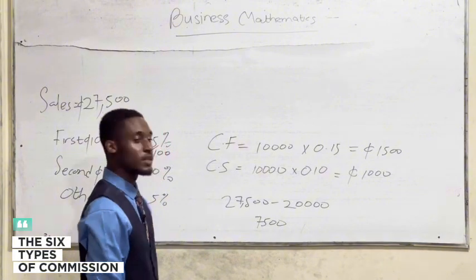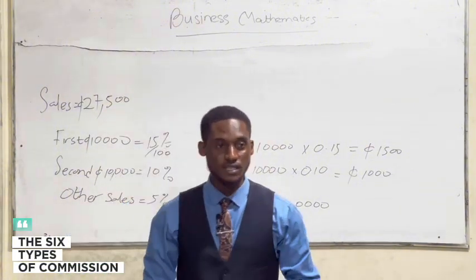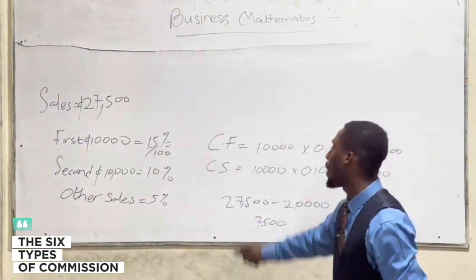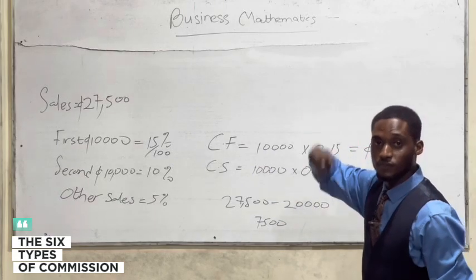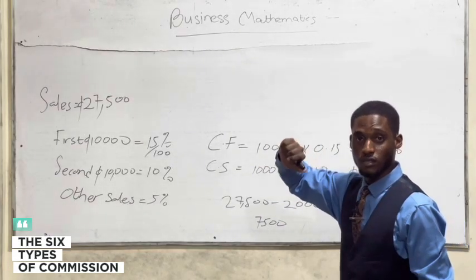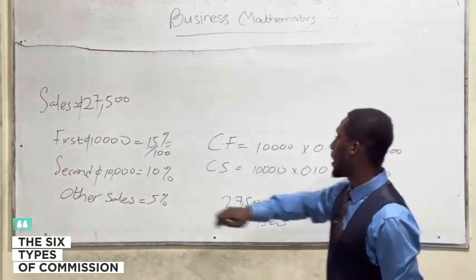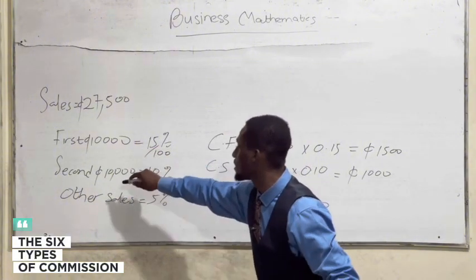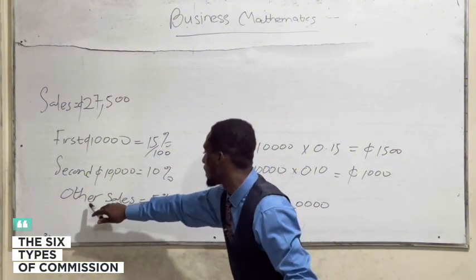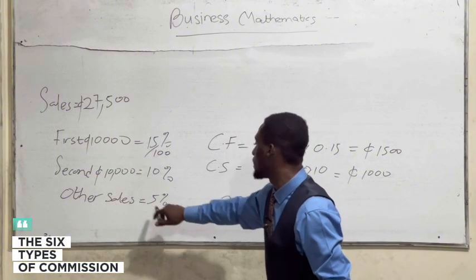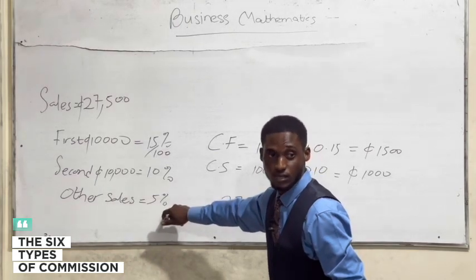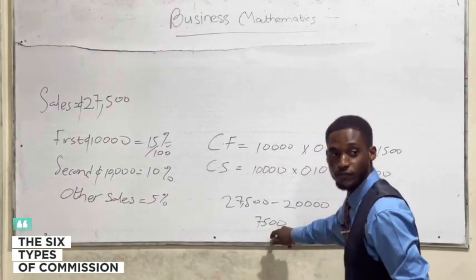So now the 7,500 cedis can be referred as our other earnings or other sales that was made. So we have our first sale made here, second sale made here, and we stated other sales. So this is the percentage for other sales and this is the amount for other sales.